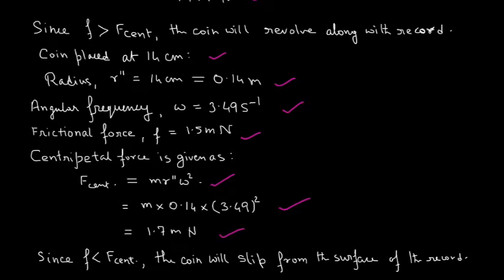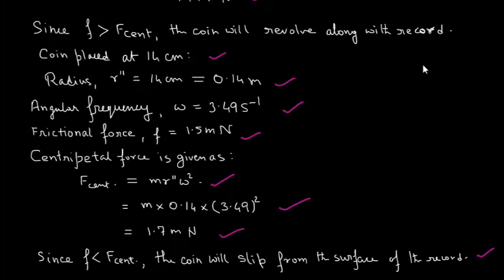Since F is less than F centripetal, the coin will slip from the surface of the record. And this is the end of the solution.